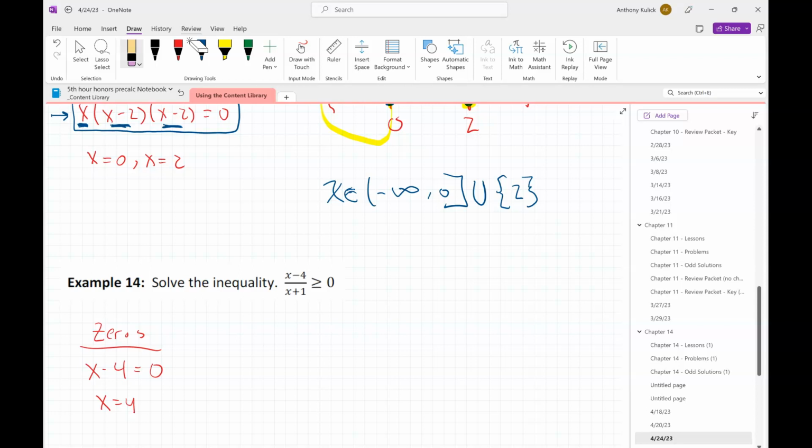And not only can a function change sign at a 0 where it crosses the x-axis, it could change sign at a discontinuity, right? You've seen it, a discontinuity where one end of it is positive and then the other end is negative. So we also have to worry about those discontinuities. Those have to appear in our sign diagram also.